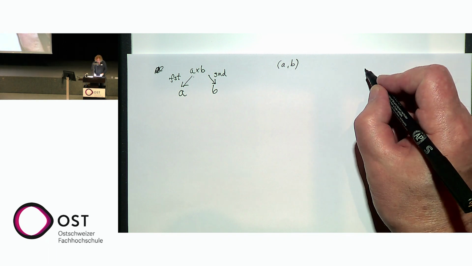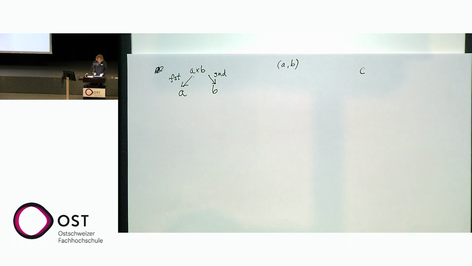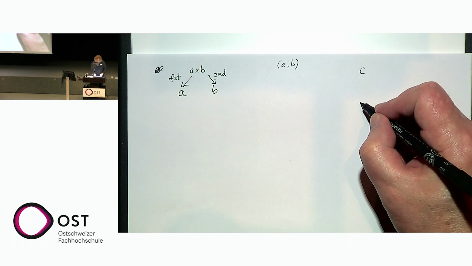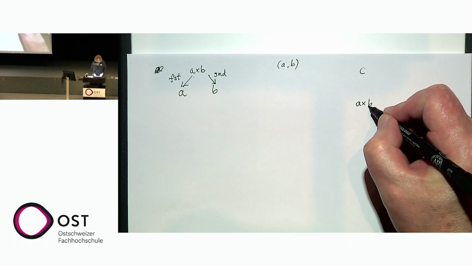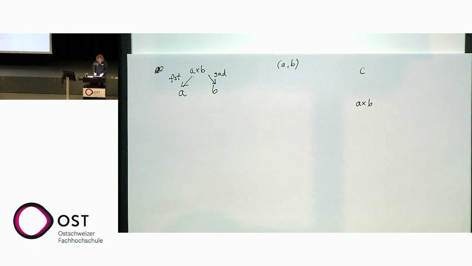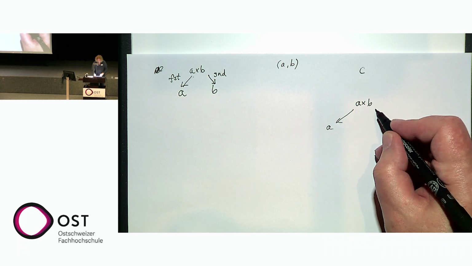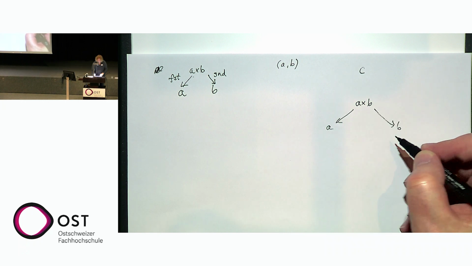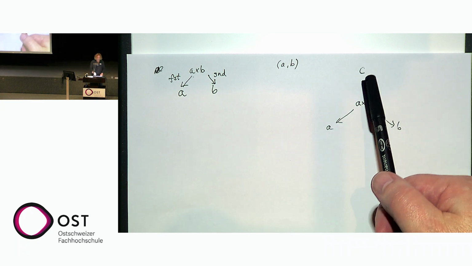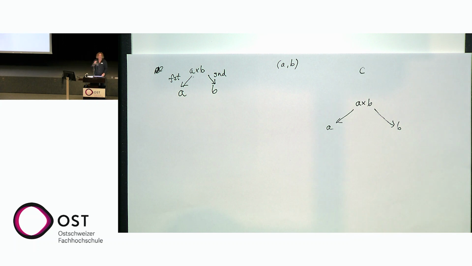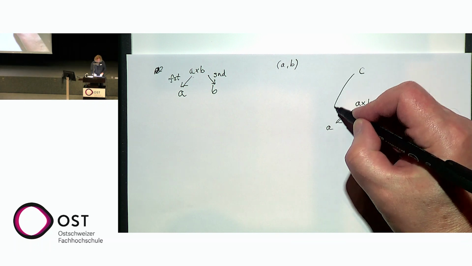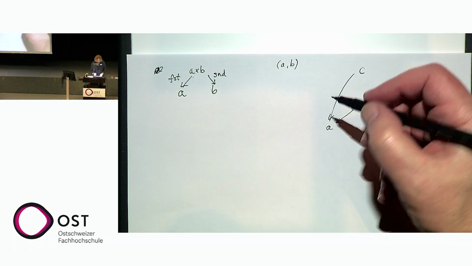So let's pick any type C. How does this type relate to A cross B? We know that A cross B has these two projections, to A and to B. And we say this object C pretends to be a product. What does it mean? It means that it has two morphisms.